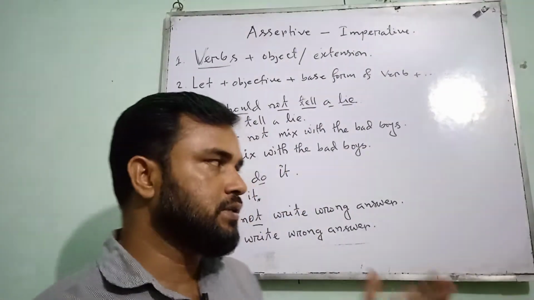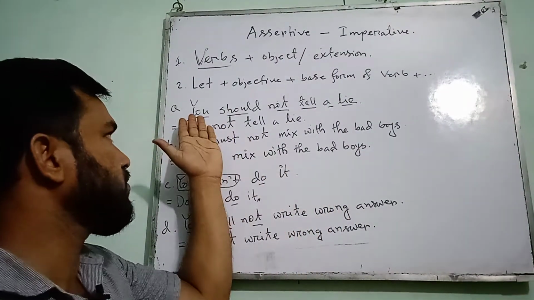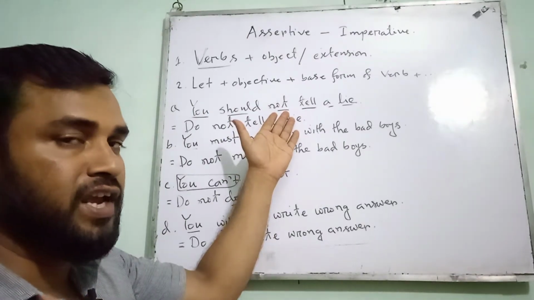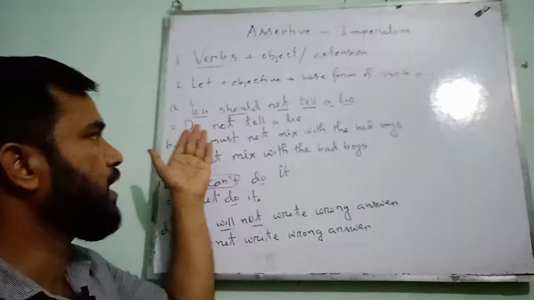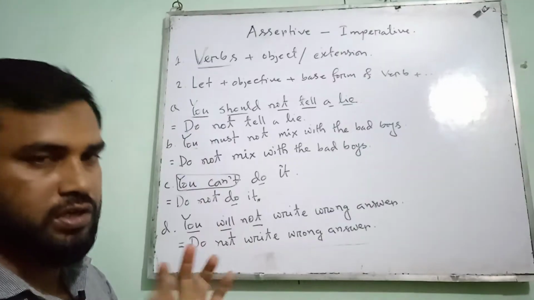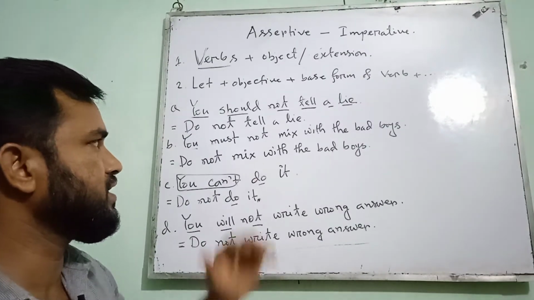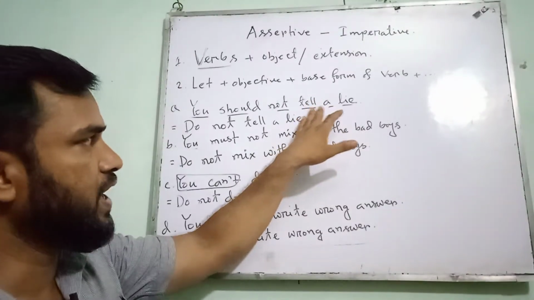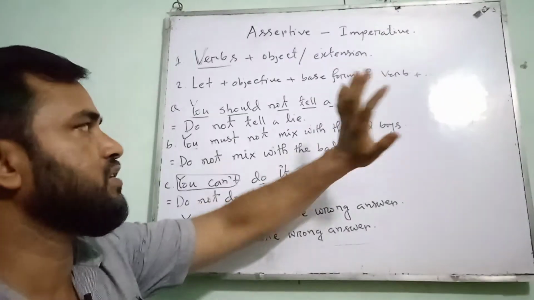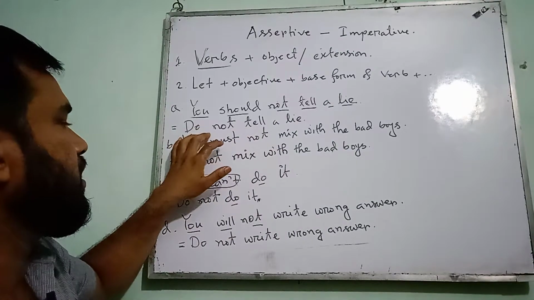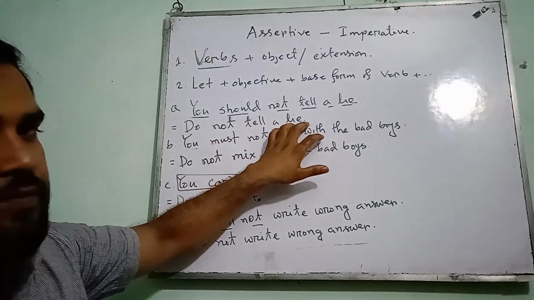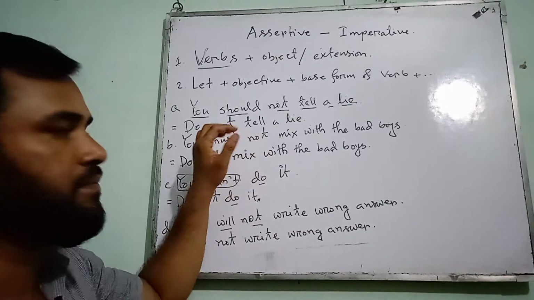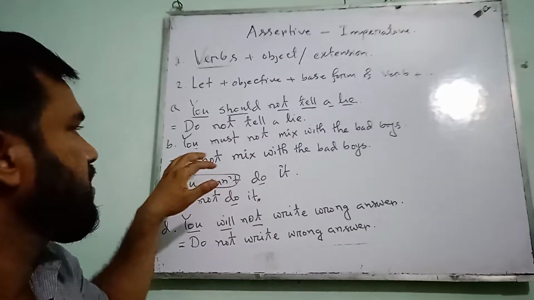And if the sentence begins with "you" and the sentence is negative, then we have to write "do not" at the very beginning of the sentence, and then from the verb till the end of the sentence. Then we will get the negative imperative sentence.